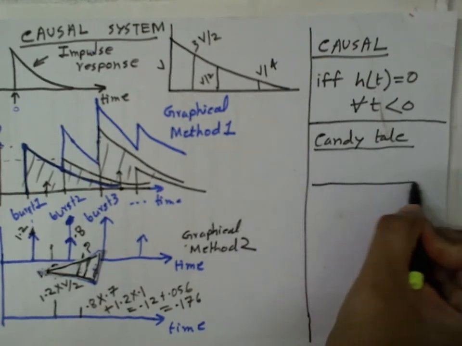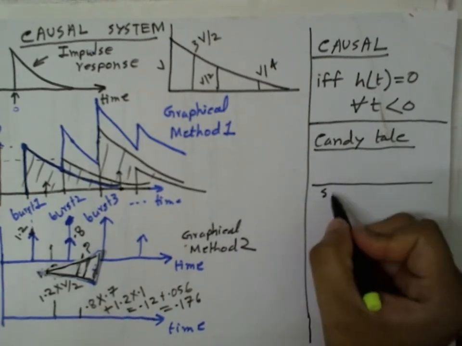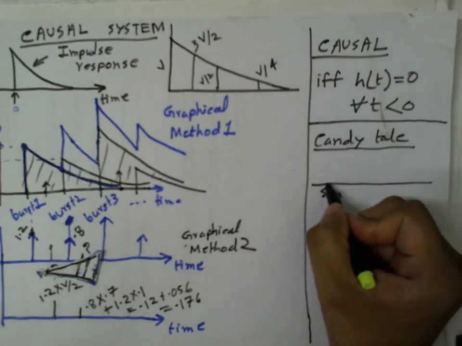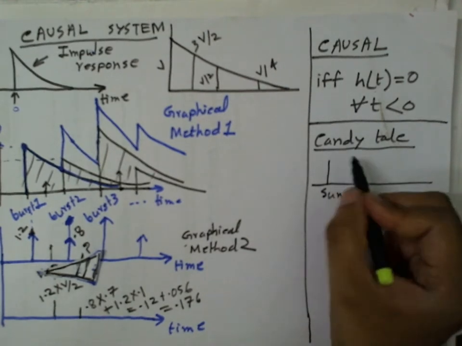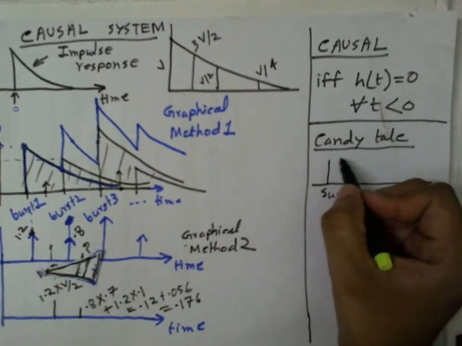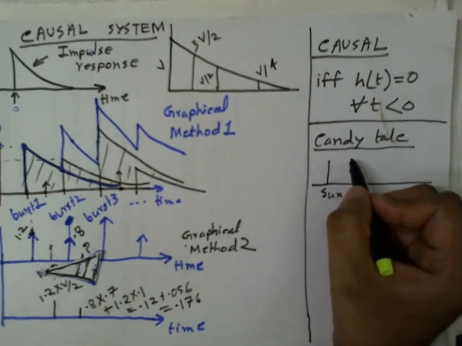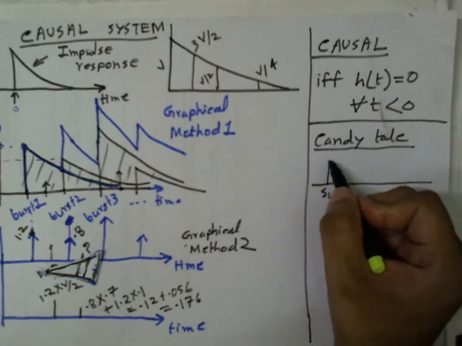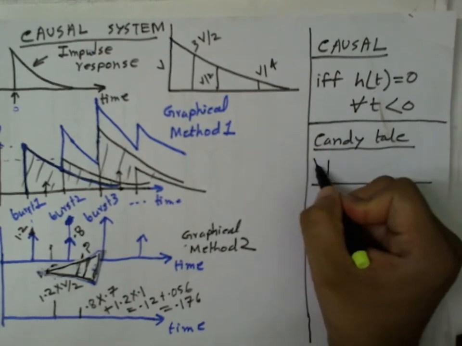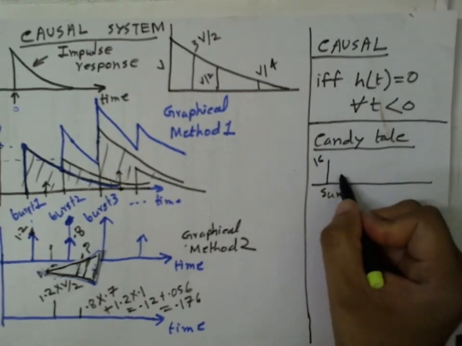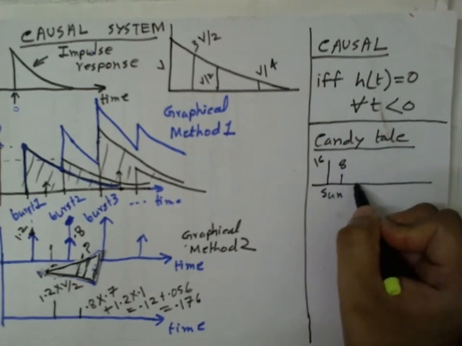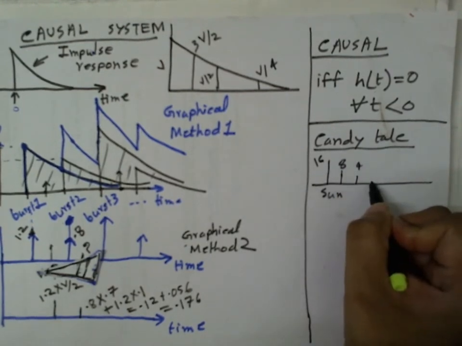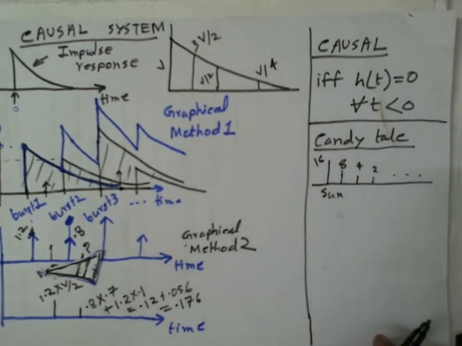So if this is Sunday, I used to get some money. With that, I used to buy 16 candies, 16 candies for each 1 rupee, and I used to consume half of them. So 16 on Sunday, next day half of them, 8, next day 4, 2, and so on.